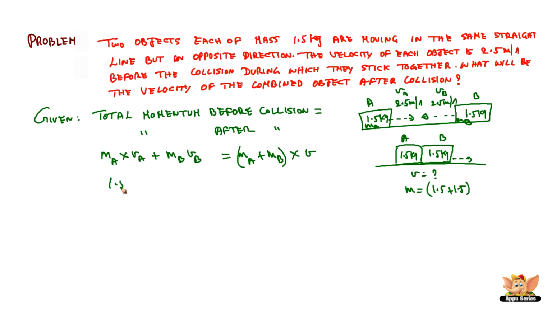So now this is 1.5 into 2.5. This momentum mb into vb becomes a negative momentum because it is in the opposite direction. Since they are in opposite directions, the total momentum before collision becomes negative. So minus 1.5 into 2.5.